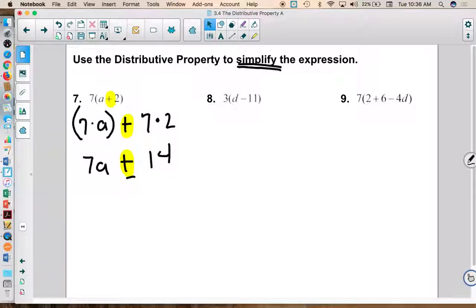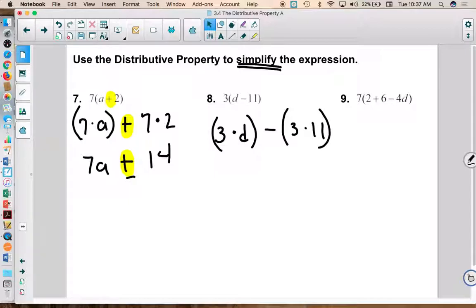Jordan, how should I write it? 11. Okay, go with the first one first. 3 times D. And then what? Subtract. Good.